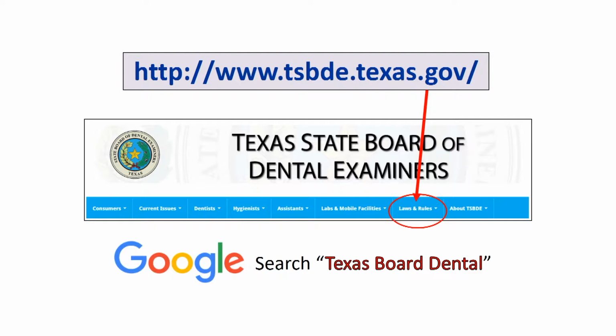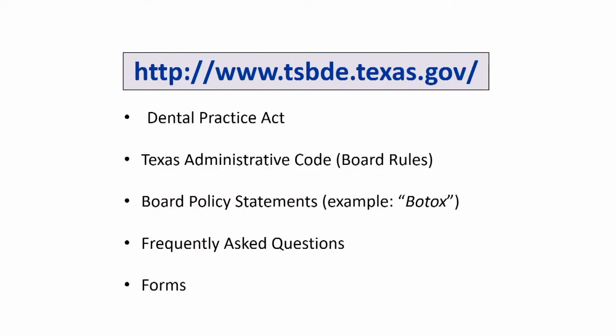On the home page for the Texas State Board of Dental Examiners, there will be a link that specifically says in the top menu bar, Laws and Rules. And as you click through these links, you'll be able to access the law that regulates your license from the Texas State Board of Dental Examiners. There, you'll find the Texas Dental Practice Act, part of the Occupations Code.